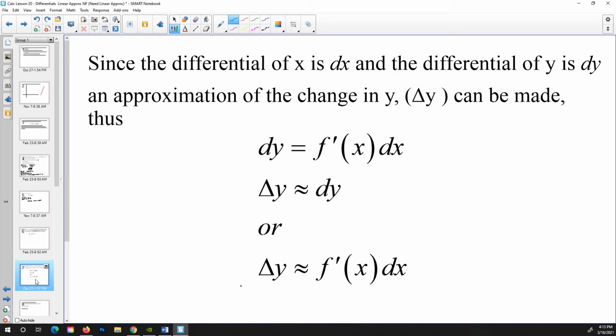Since the differential of x is dx and the differential of y is dy, an approximation of the rate of change of y, dy, can be made this way. I can use this differential formula, and I can substitute a change in y, dy, or I can say that the change in y is approximately equal to this differential expression, f prime of x dx.